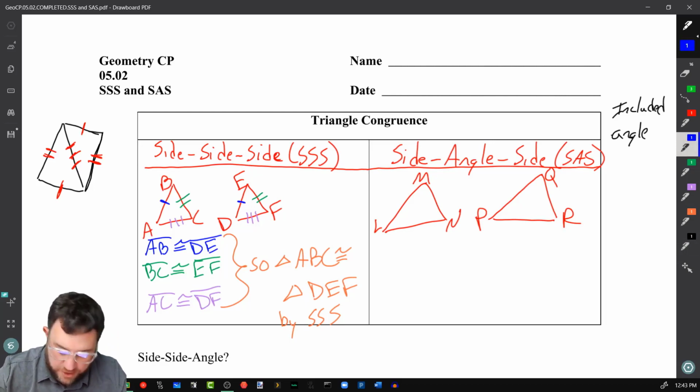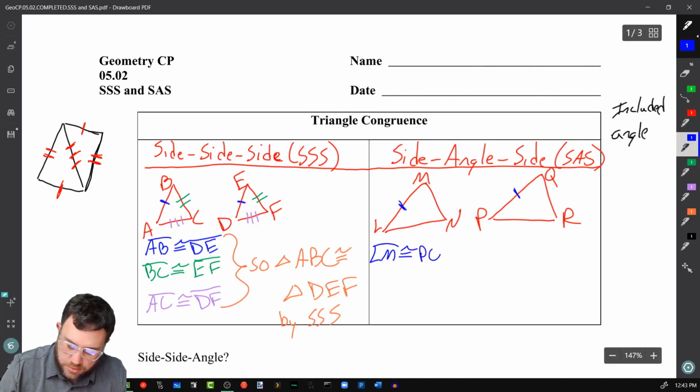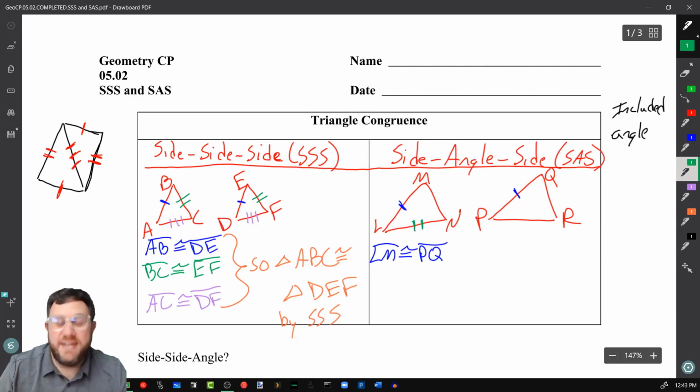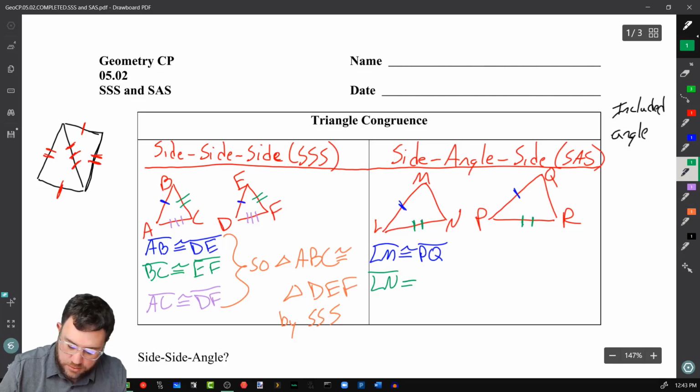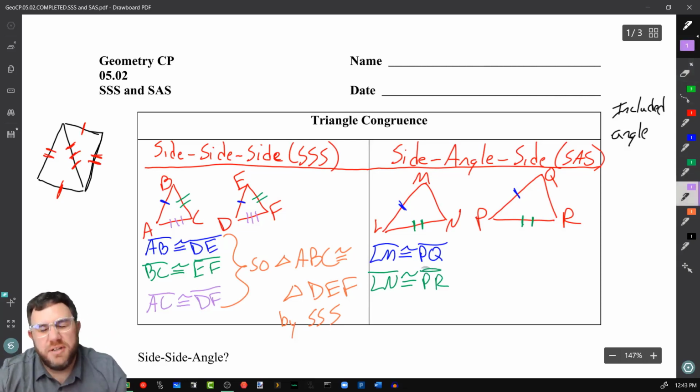So if I know that LM and PQ are congruent, and I know that LN and PR are congruent, and then I need what's called the included angle.